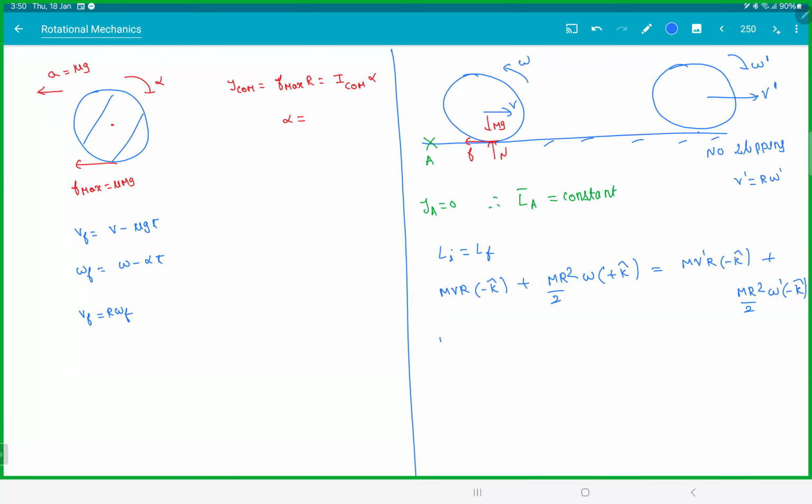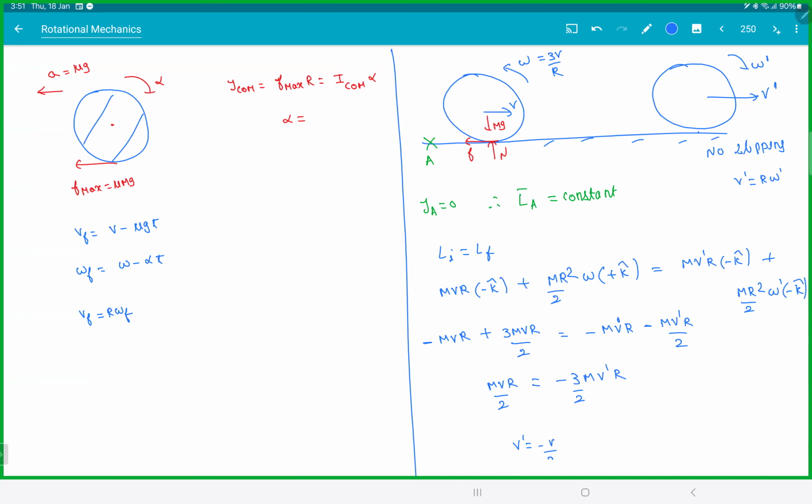Substitute the values. mvR minus, what is initial omega? Omega is 3v by r. So R omega is 3v. This is 3mvR by 2, is equal to minus mv dash R minus mv dash R by 2. This is mvR by 2 is equal to minus 3 by 2 mv dash R.